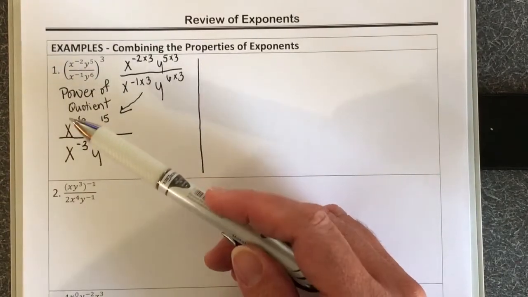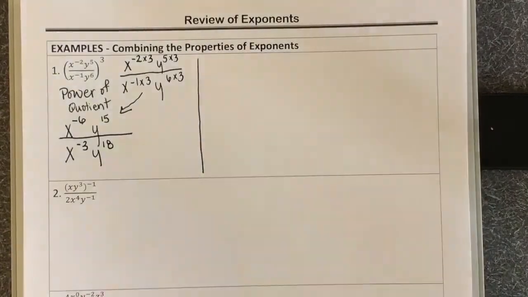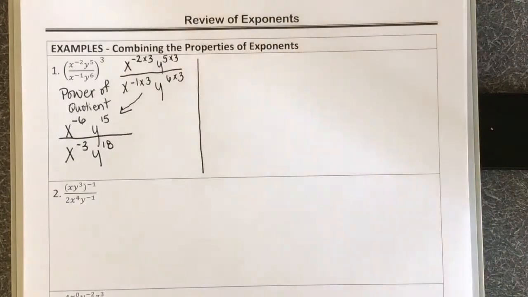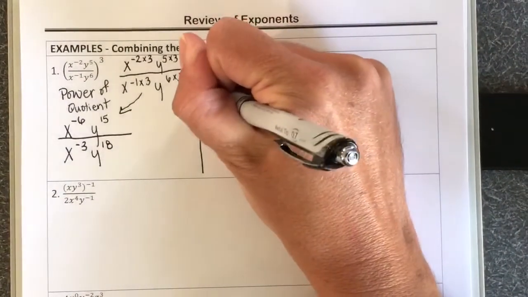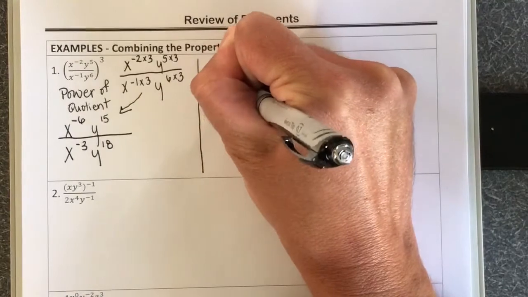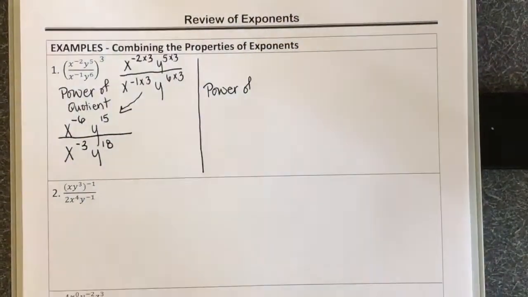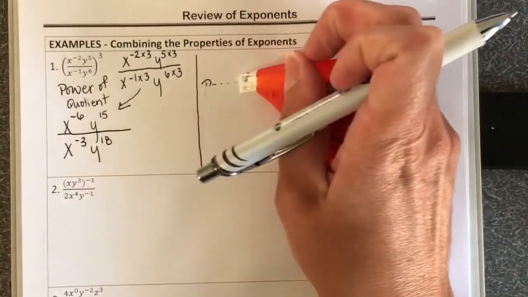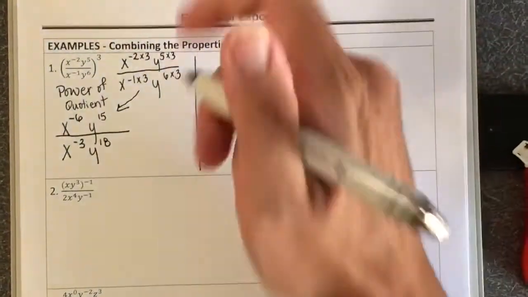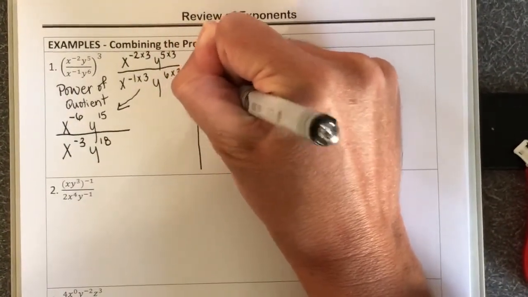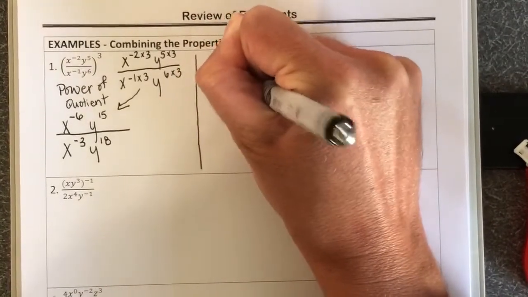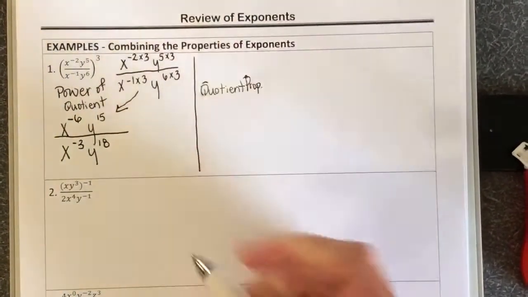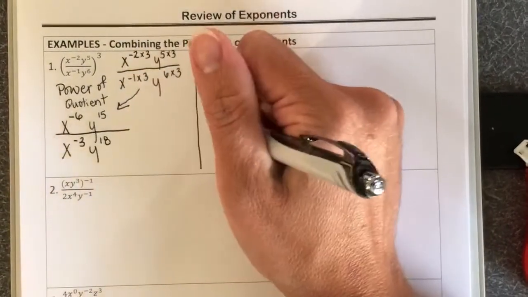And the rule is, when you're dividing, you follow the quotient rule, or the quotient property, which says if you have the same base, subtract your exponents.